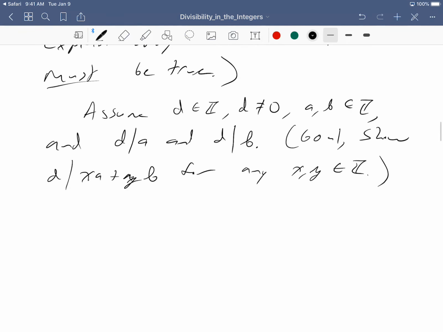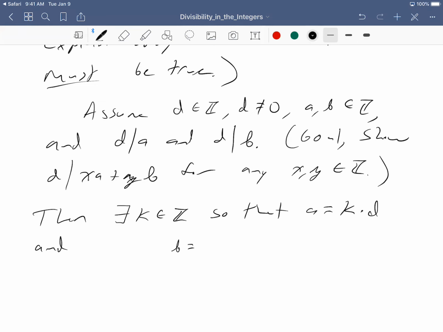Once we've made our assumption that the if is true, the next thing we're going to do is talk about what that assumption means. D divides A means that there exists a K that's an integer so that A equals K times D. And we can do the same thing with B. This time, I don't want to write K again because that would mean that A and B are the same thing.